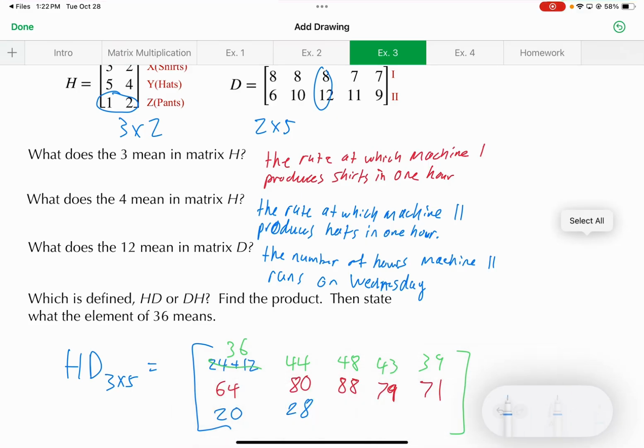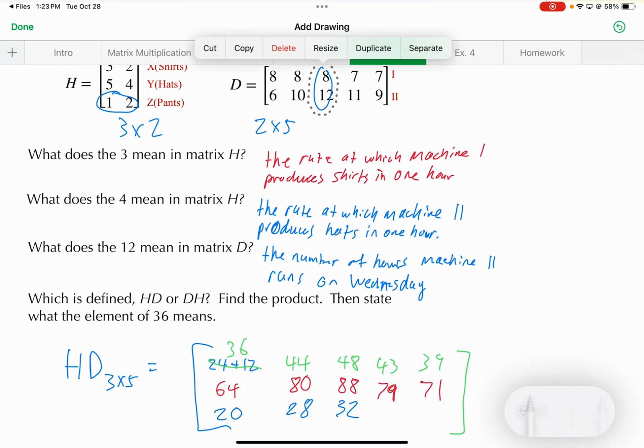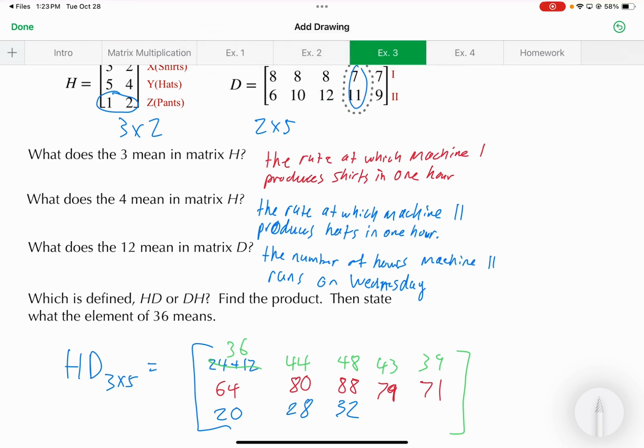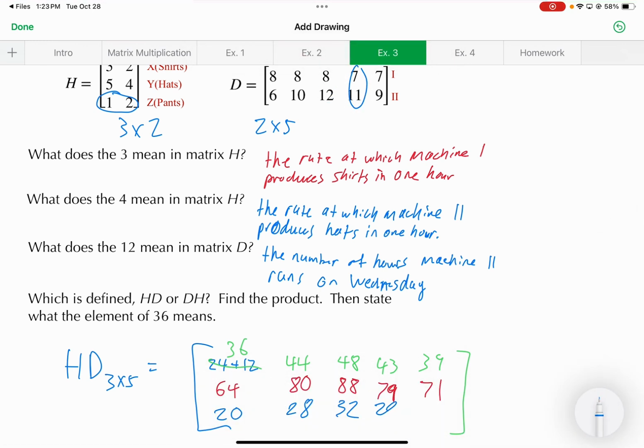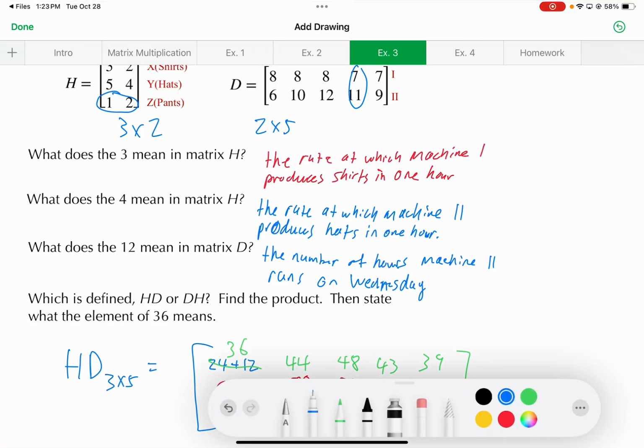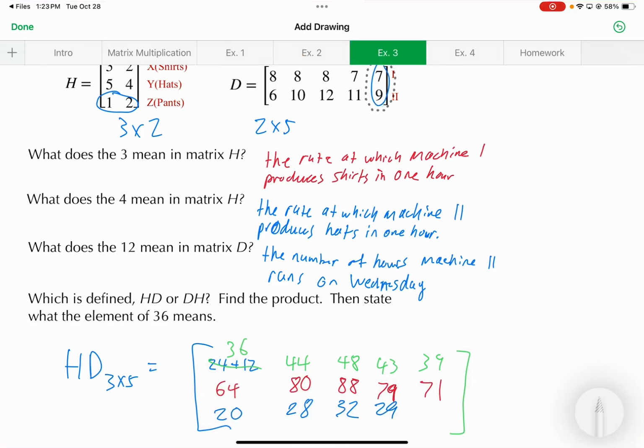You said what? Okay, I trust you more than I trust myself on that. And then 1 by 7 plus 2 times 11. 29. Last but not least, 1 times 7 plus 2 times 9. You could do it. 25. Yeah, okay.